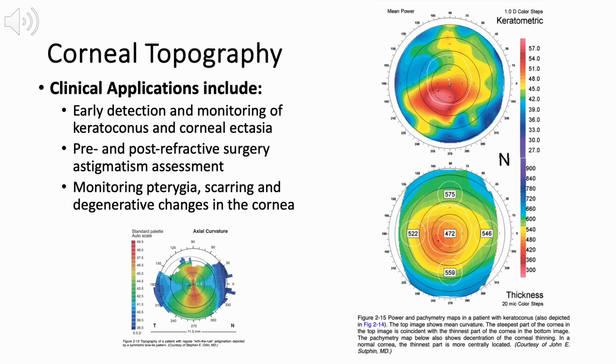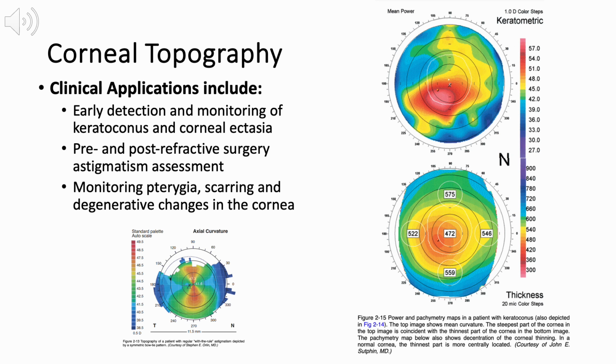Corneal topography allows us to map the curvature and elevation of the anterior corneal surface with high precision. This is particularly helpful in detecting and monitoring corneal ectasia disorders like keratoconus at their earliest stages, often before visual symptoms arise. It also plays a key role in refractive surgery planning and follow-up. Before surgery, it helps us assess the pattern and magnitude of astigmatism.